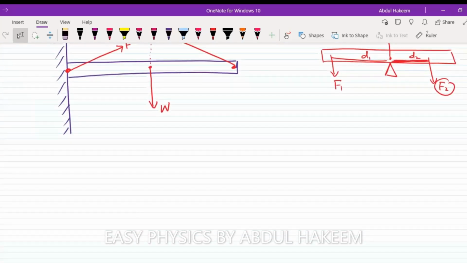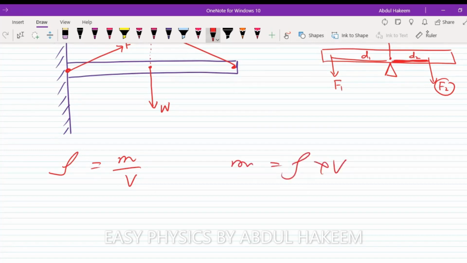Now, density, next one, simple, scalar, mass per unit volume. And the mass is equal to density multiplied by volume. Density is measured in kilogram per meter cube.